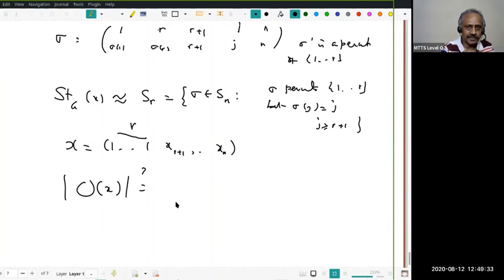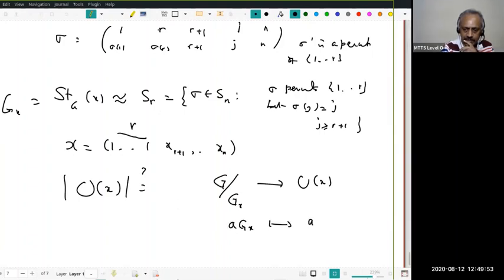Now again you can ask how many elements are there in the orbit. Now I know the answer. Do you remember in the second lecture we said there is a bijection from G modulo the stabilizer Gx to the orbit of x? I am writing the stabilizer now in this notation. Namely, a Gx went into a dot x. This is a bijection.